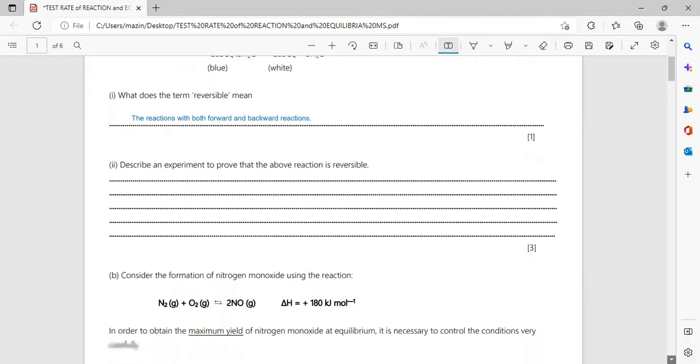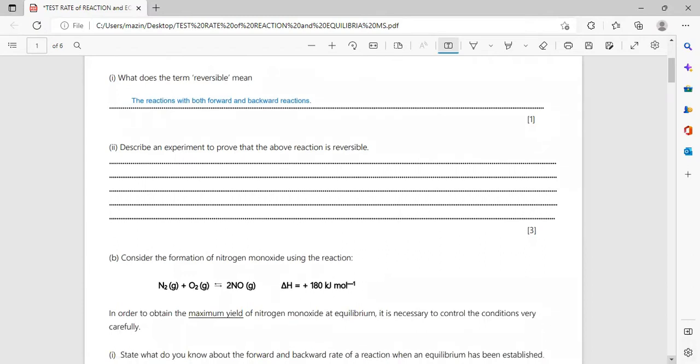Anyhow, you can write that, or you may write in detail that reactants produce products and products break down to give the reactants back simultaneously. That would be the answer.